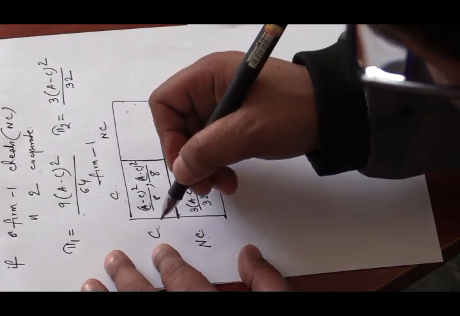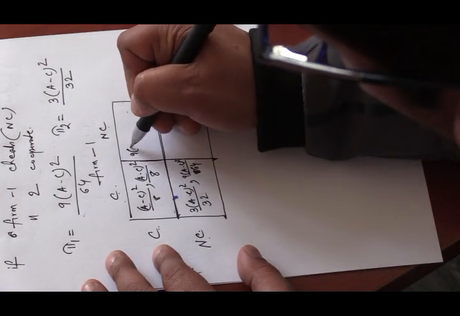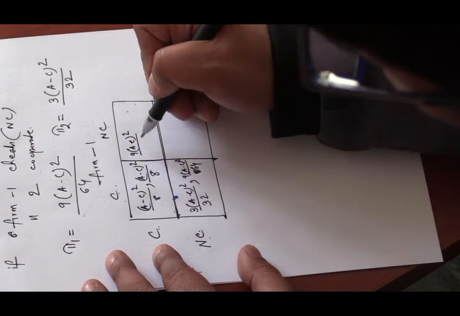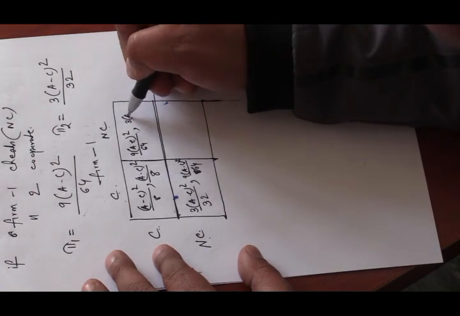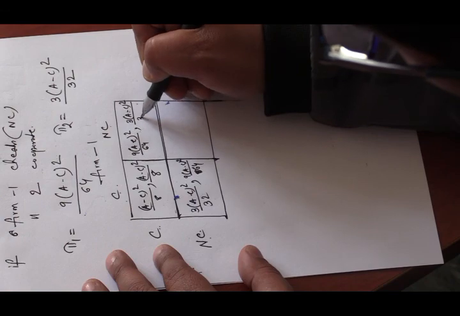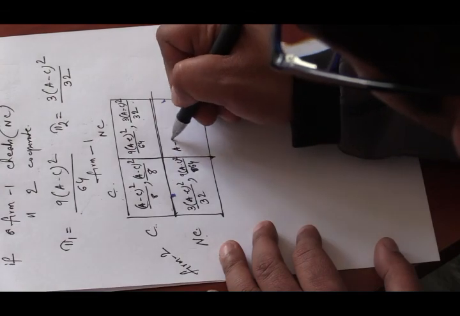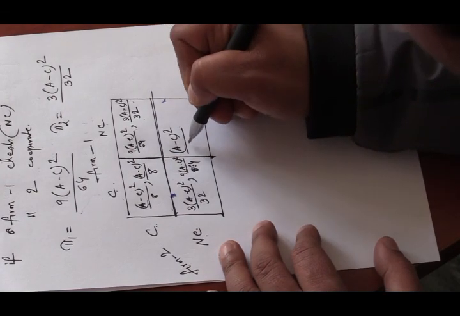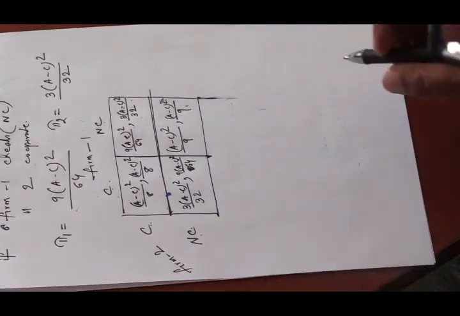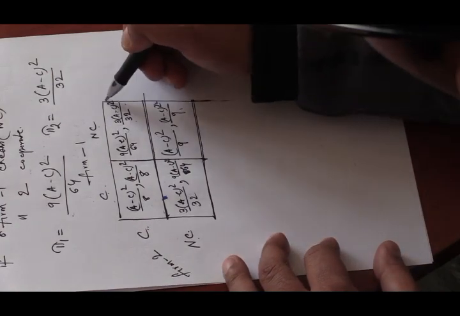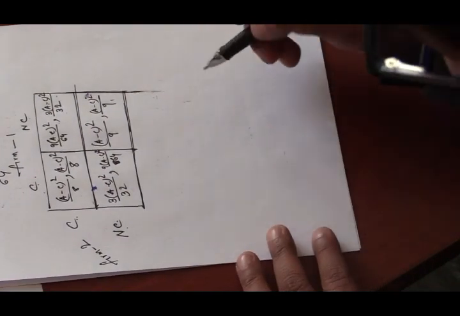If farm 1 does not cooperate and farm 2 cooperates, farm 1 will enjoy 9 into (a minus c) whole square by 64, and farm 2 will enjoy 3 into (a minus c) whole square by 32. And if both do not cooperate, both will enjoy (a minus c) whole square by 9. So this is the payoff matrix.